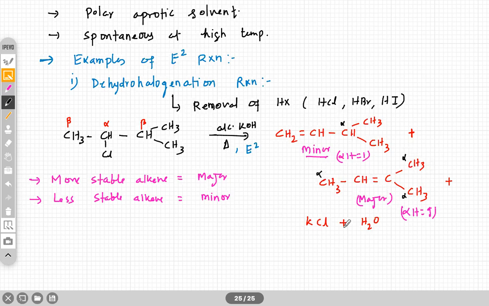So we have 3 alpha carbons and they have 9 hydrogens total attached. Here we have only 1, correct? So this is the major product we have. This alkene, the double bonded carbon, has more alkyl groups present with it. This alkene we also call the more substituted alkene.